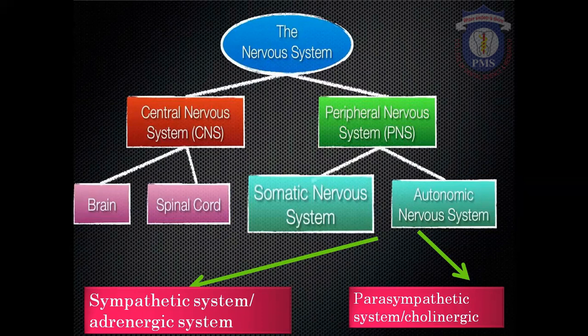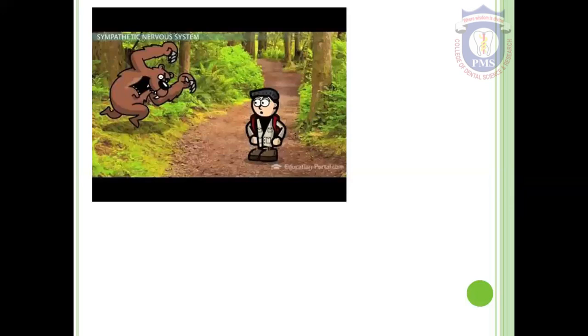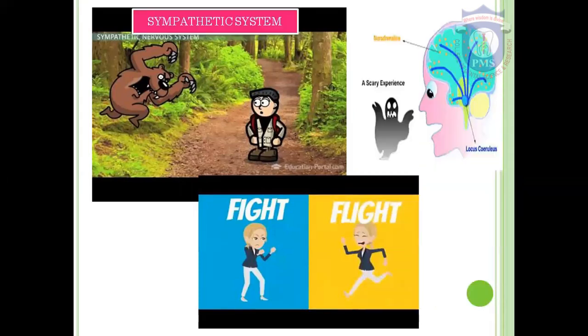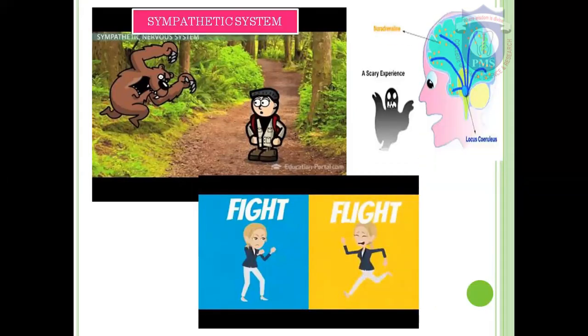The sympathetic system is also known as the adrenergic system, and the parasympathetic system is also known as the cholinergic system. When we are stressed, our sympathetic system is activated. The main neurotransmitter involved in the sympathetic system is noradrenaline or adrenaline.